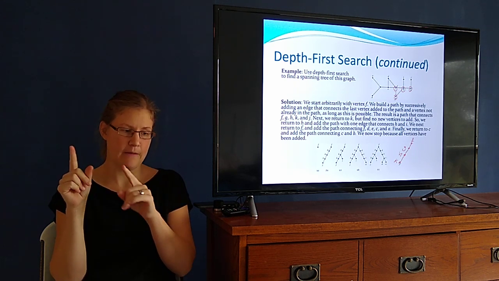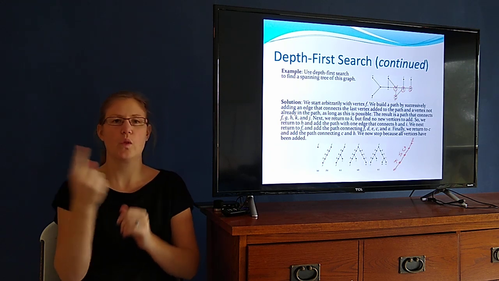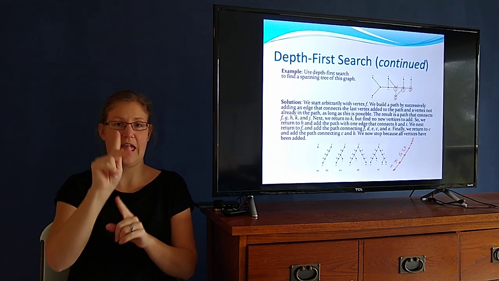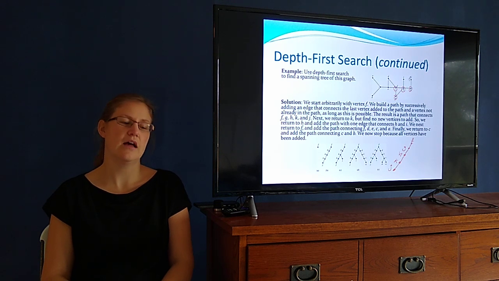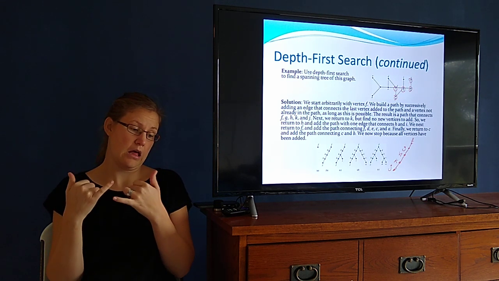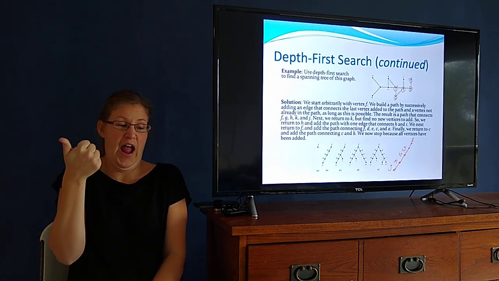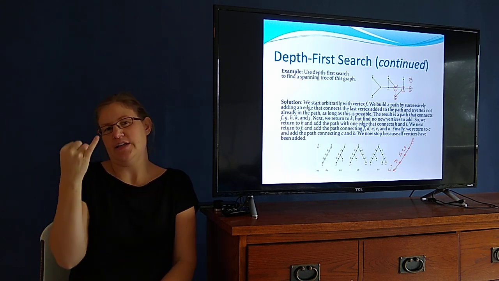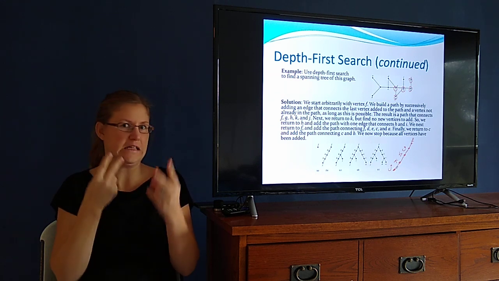And then from K, there is only one edge incident to K, from J. Okay, and let's remove J from the graph. Now we have reached this point at vertex J. Are there any edges incident to J that we have not visited yet?